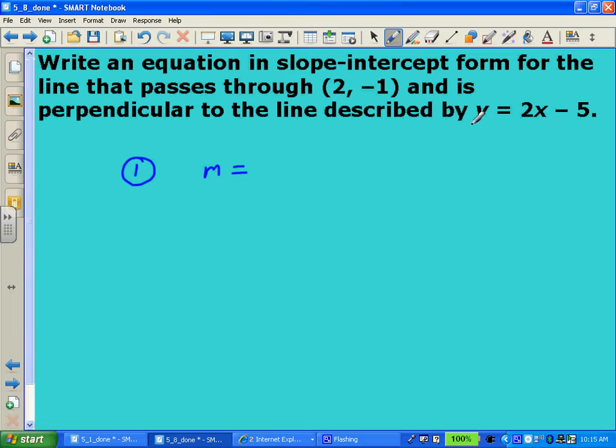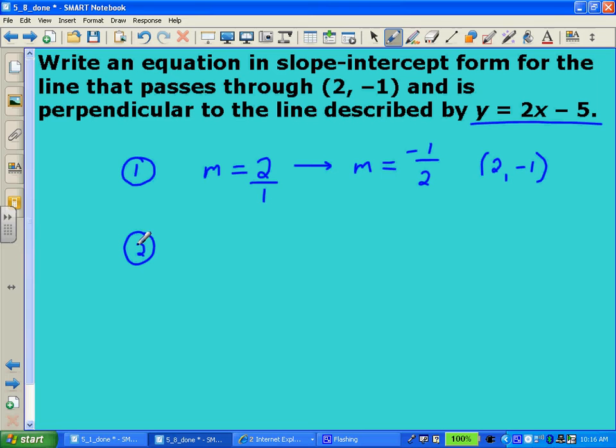The slope of the line that I'm given is 2. Now my line is perpendicular, so its slope is going to be the opposite reciprocal. I have to flip it and change the sign. So the slope of the line I'm looking for is -1/2, and it goes through the point (2, -1).